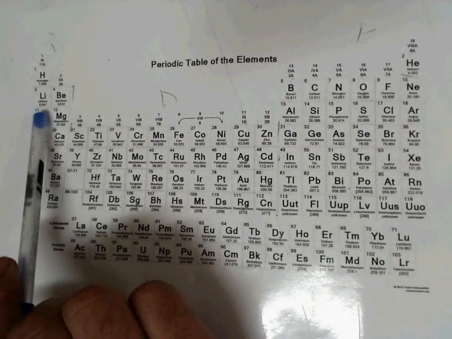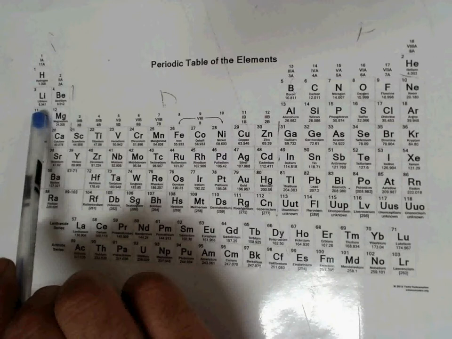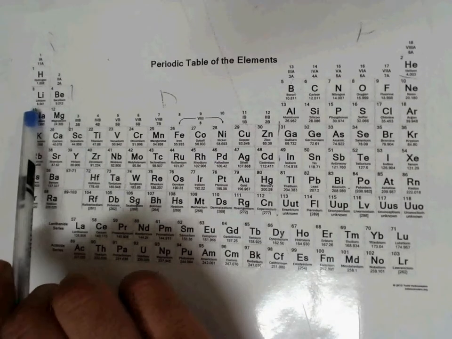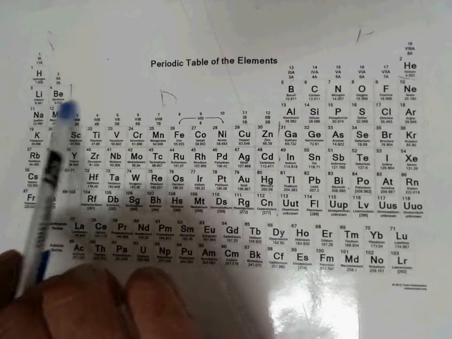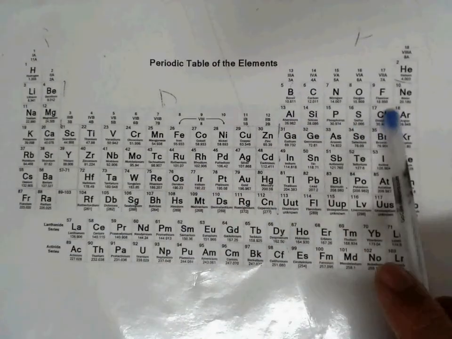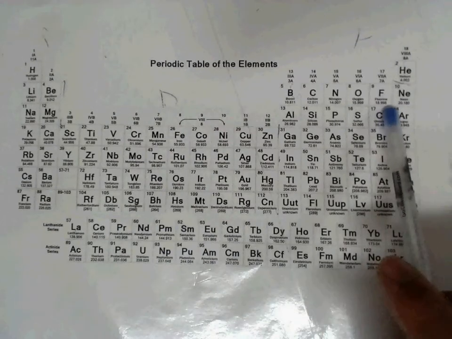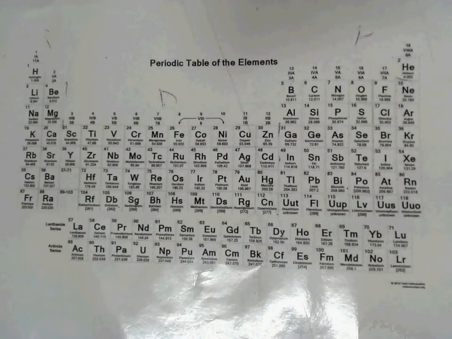Lithium will lose an electron when it becomes a cation, therefore making it smaller. So the cation of lithium is smaller than the atom of lithium, as opposed to fluorine, which is smaller as an atom but larger as an anion.